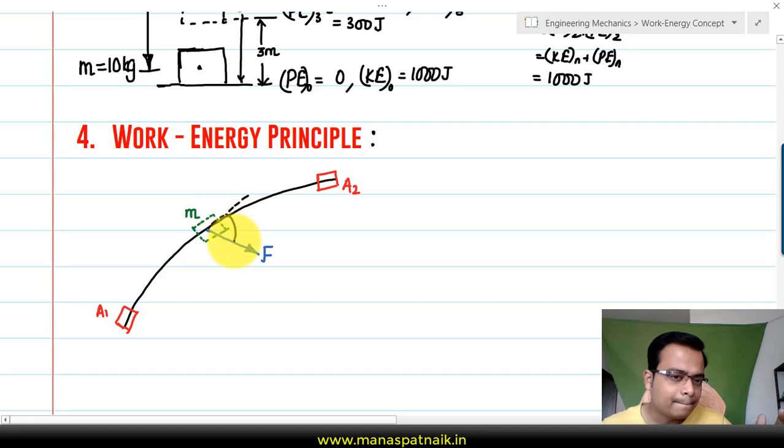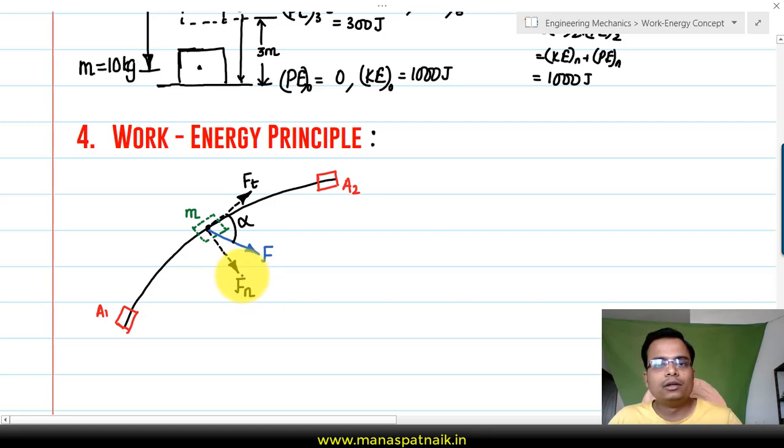Let's say that the angle made at this point with the tangent is alpha. Then this particular force is going to have two components. One is going to be along this tangent this way, and let's say this is Ft. One more force is going to be this way, and let's say this is represented by Fn.